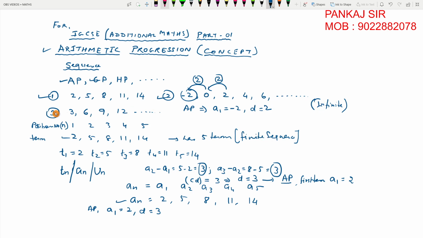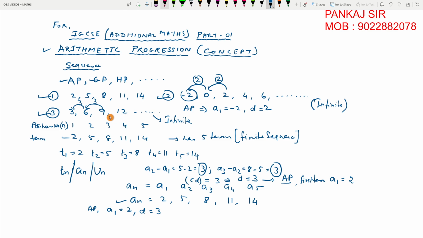Now let us try to check what this sequence 3 is. Sequence 3 is 3, 6, 9, 12, and it goes on. So first of all, it is also infinite. Now let us check whether it is an AP or not. So I'll do 6 minus 3, I'm getting 3. Then 9 minus 6 is also 3.